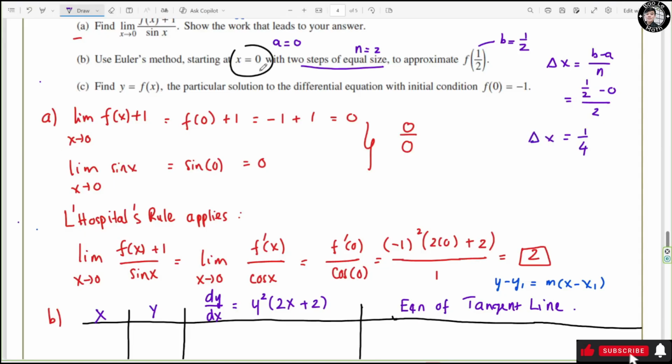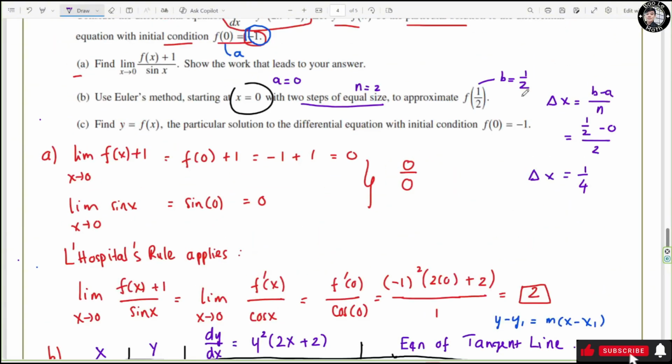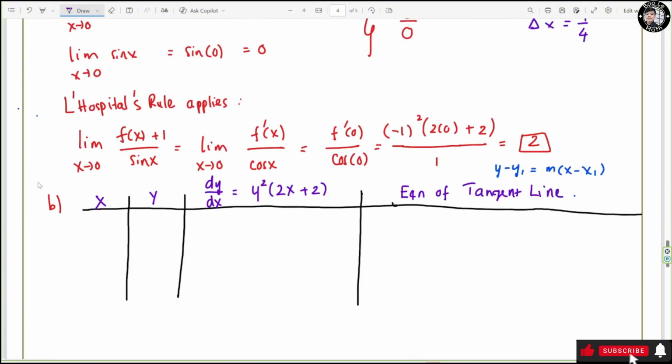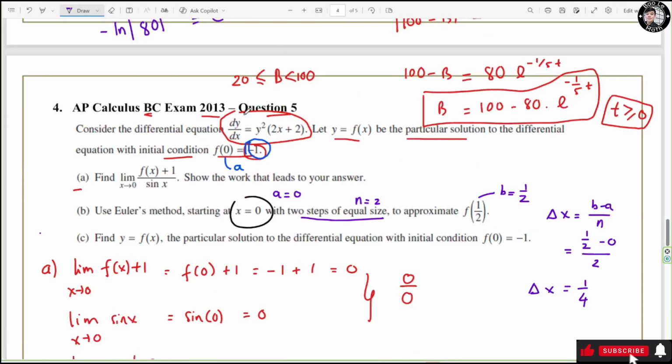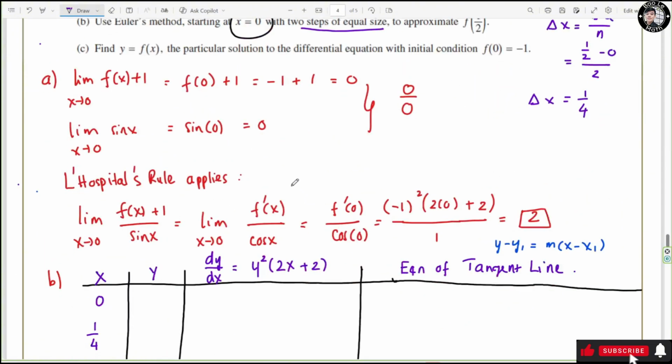So we start at 0, we keep adding 1 over 4 until we get 1 over 2. So this one is 0, this one is 1 over 4, and this one is 1 over 2. And we need to find the value of y when x equals 1 over 2. This one is our answer, right? Now, the initial condition is f of 0 equals negative 1, so y equals negative 1 right here.